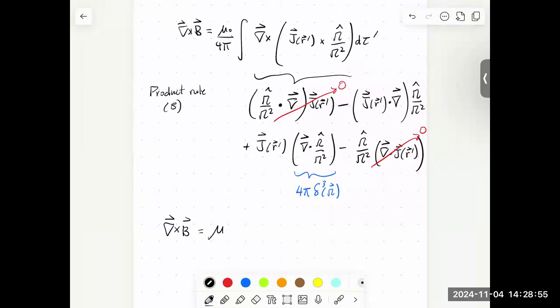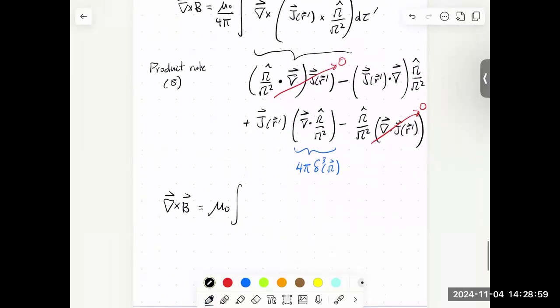So we're going to get a mu naught times the integral of j of r prime times the delta function. And let me write the delta function as, instead of script r, just r minus r prime. And then we have a d tau prime.